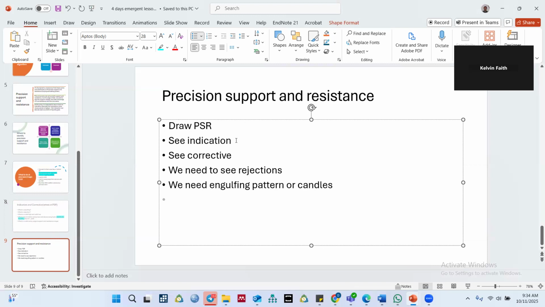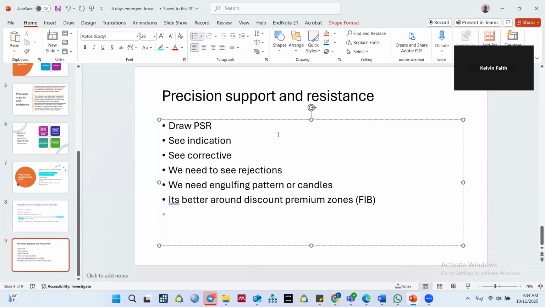Six, it's better around discount and premium zones using the fib.